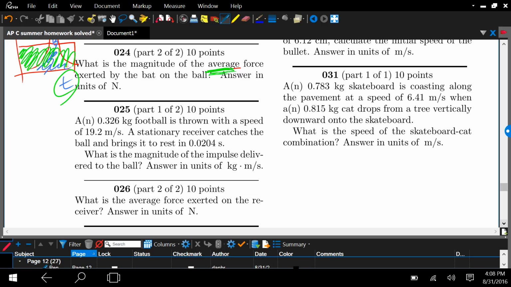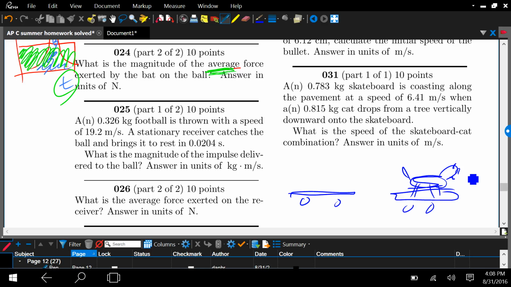Number 31 here says we have a skateboard coasting along the pavement at a certain speed when a cat drops onto it. So here's just our skateboard coming along. And then after it has a collision, it is a skateboard moving along with a cat on it. And our little cute cat there.